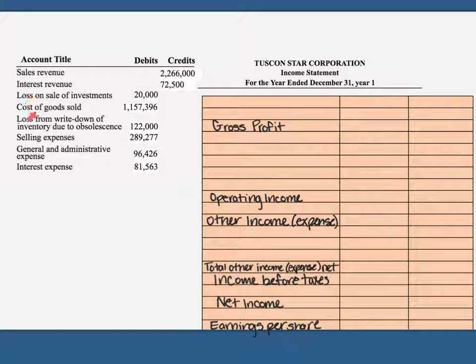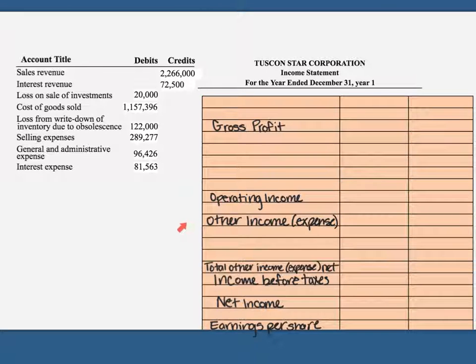Here again we have the accounts we're going to use for the income statement, and I've partially filled out the income statement with some of the accounts or titles we're going to be solving for. Under a multi-step income statement, you have an operating and non-operating section. The operating section is where we solve, for example, gross profit, and then the operating income. These are expenses and revenue that are tied directly to the product that the company produces and sells.